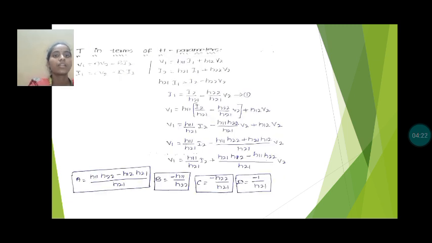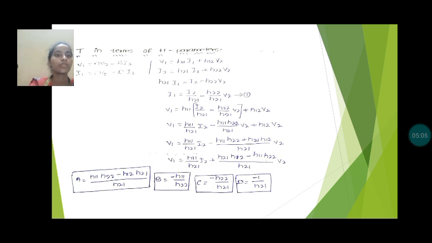Next, T in terms of H parameters. T parameters are V1 equals A V2 minus B I2, I1 equals C V2 minus D I2. H parameters are V1 equals H11 I1 plus H12 V2, I2 equals H21 I1 plus H22 V2. Here H21 I1 equals I2 minus H22 V2, so I1 equals I2 by H21 minus H22 by H21 V2. This is equation 1.